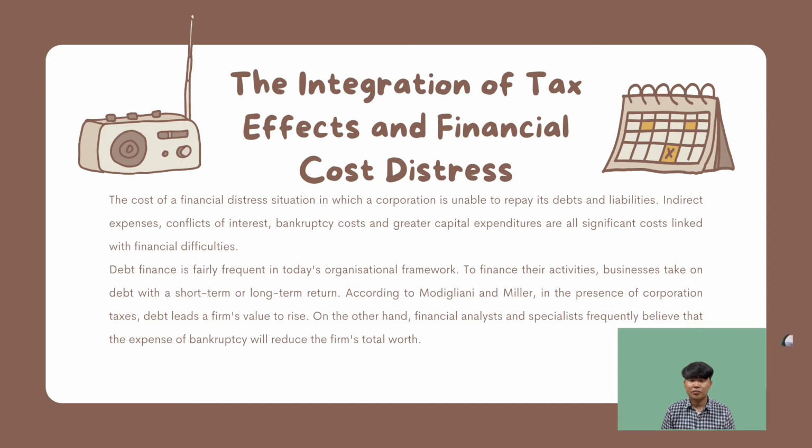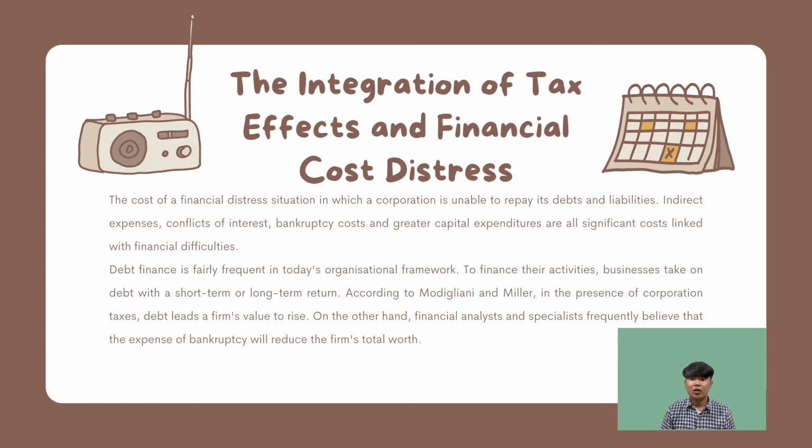Next is the integration of tax effects and the cost of financial distress. The cost of financial distress arises in a situation in which a corporation is unable to repay its debts and liabilities. Indirect expenses, conflicts of interest, bankruptcy costs, and greater capital expenditure are all significant costs linked with financial difficulties. Debt finance is fairly frequent in today's organizational framework.